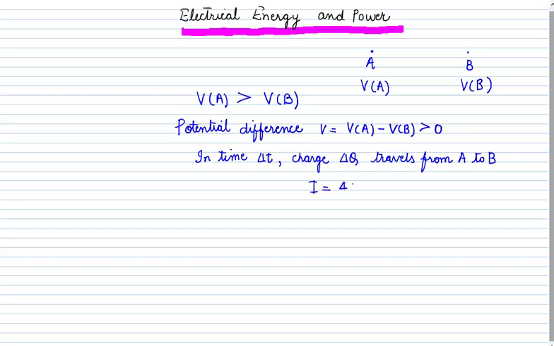This is delta q upon delta t. That is the average current we can write out.